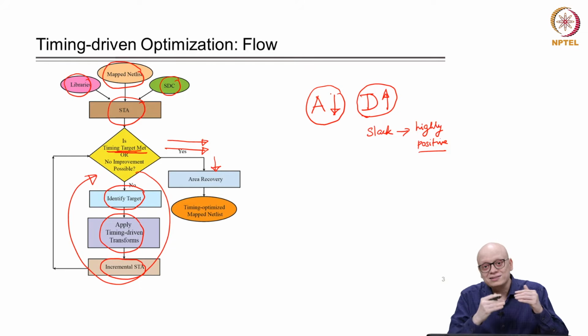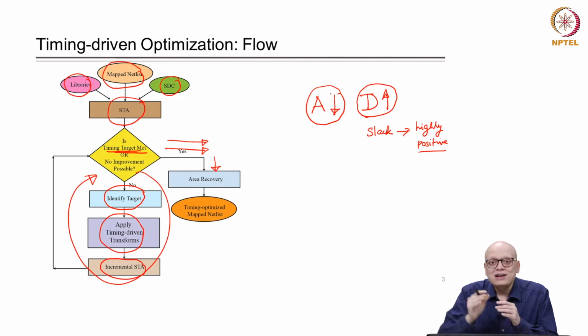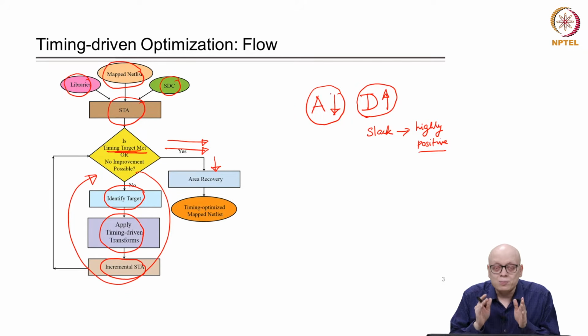We can minimize the area. As a result, if the delay increases slightly, we still have sufficient margin that the timing target will not become bad or get affected.